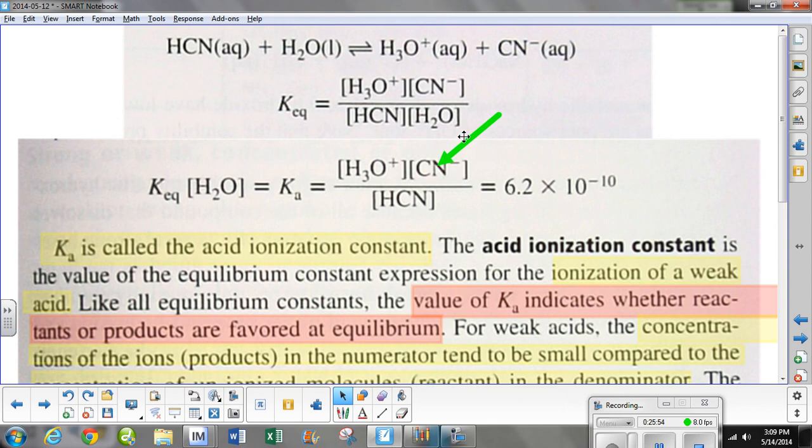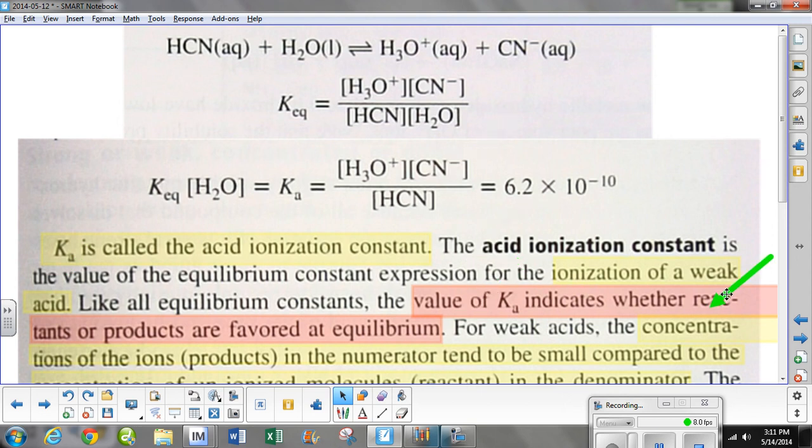Because there's more HCN than there is this stuff, meaning that this K sub A, called the acid ionization constant, is small. So that K sub A has got to be less than 1, and 10 to the minus 10, that's a really, really small amount of product. So the ionization of a weak acid is what we were seeing right here.